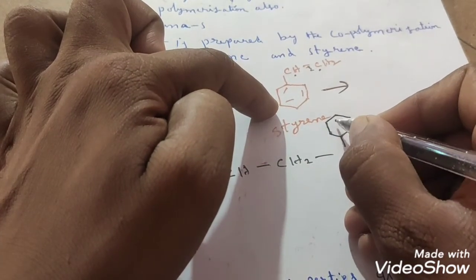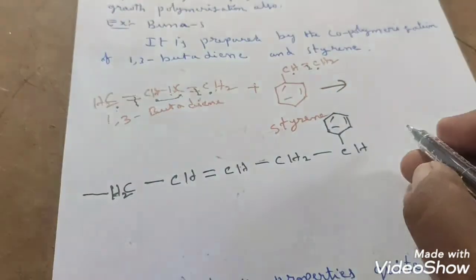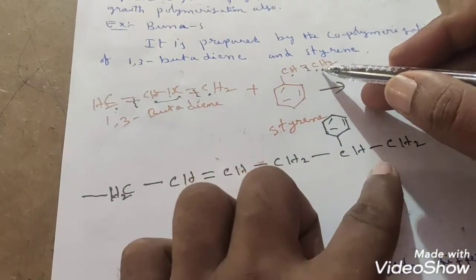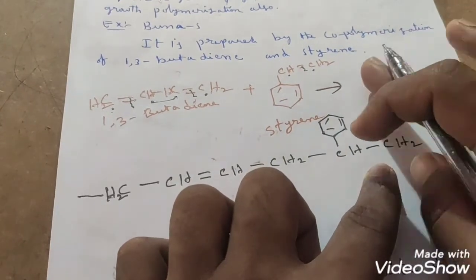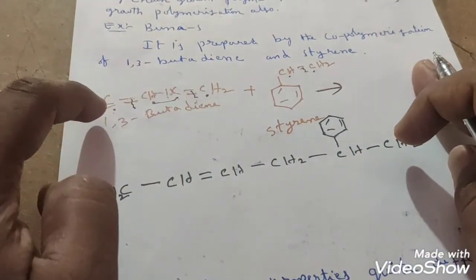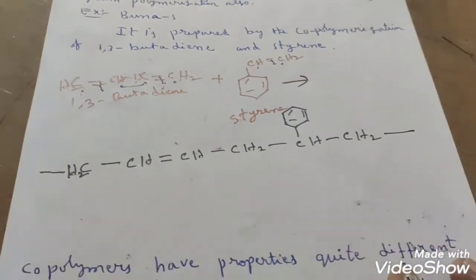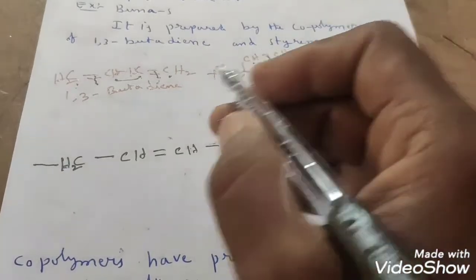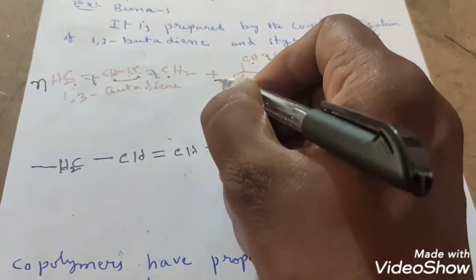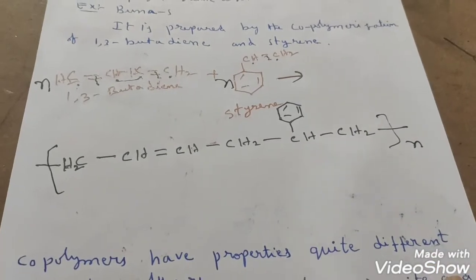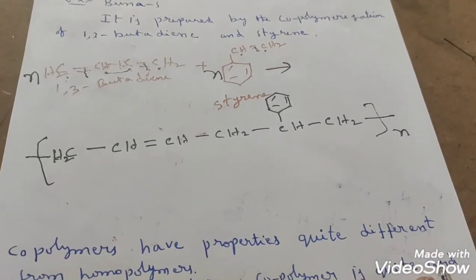I have taken the benzene ring as it is, correct? Yes. This CH is combined with the CH2 that is already present. Here a free radical is present. If you add 1,3 butadiene on this side, the CH2 free radical present will combine with that CH2 free radical. So for the continuation, I kept a bond here again. This will take place how many times? If you take n moles, it polymerizes n times and produces this type of polymer.